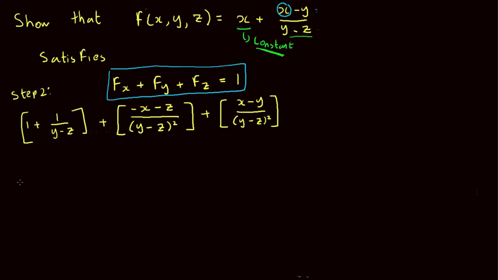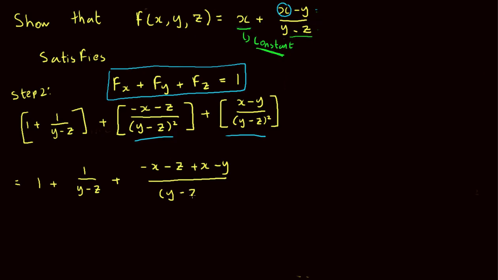So now we try to simplify this problem. We have here 1 plus 1 over (y minus z). Then we have these two terms, which have the same denominator, so that should be quite easy to solve. It should be negative (x minus z) plus (x minus y) over (y minus z) squared, and as we can see, this will eventually cancel out.